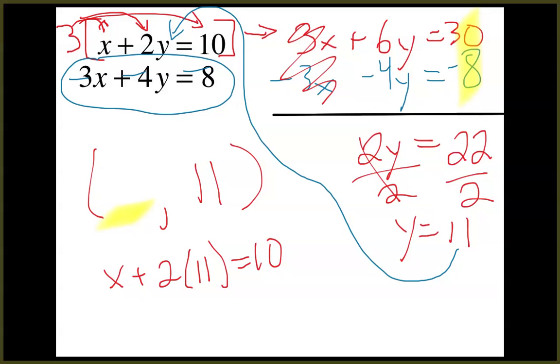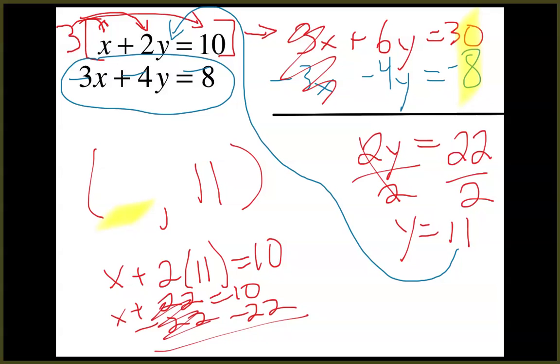This is 22, and now I'm going to subtract 22 from both sides, and then this will scratch out, and I'll get x equals 10 minus 22, which is negative 12. And so now I know my solution to the whole system of equations is x equals negative 12, y equals 11.